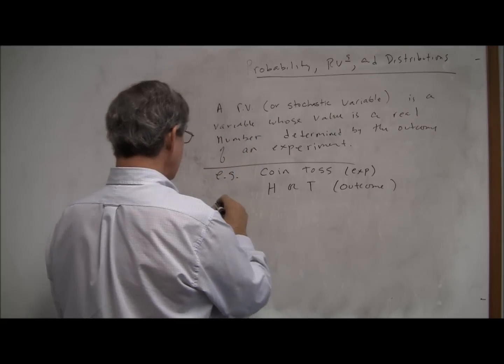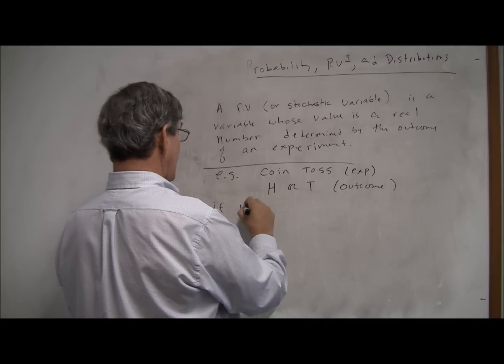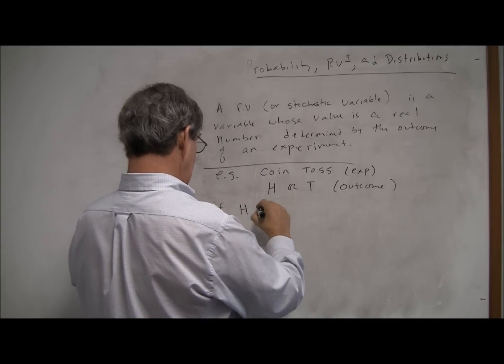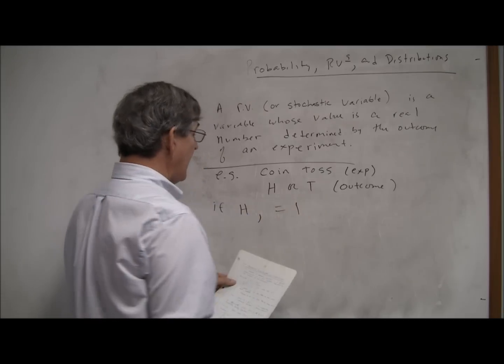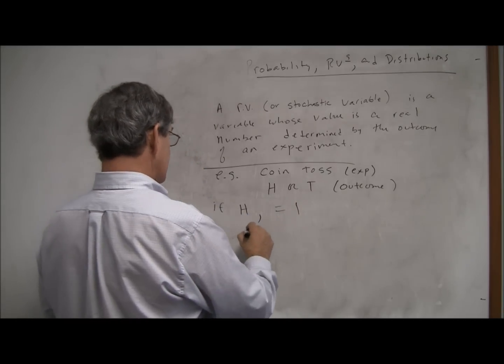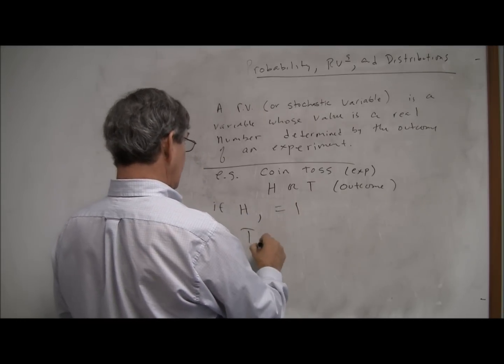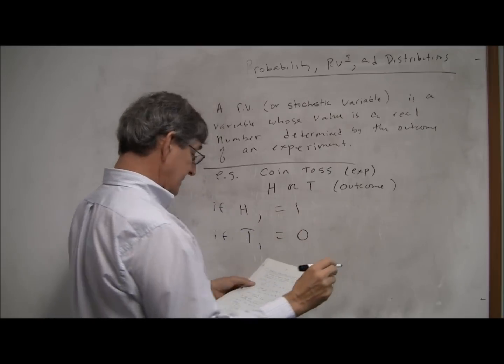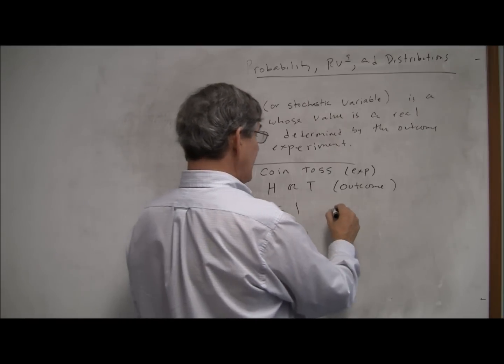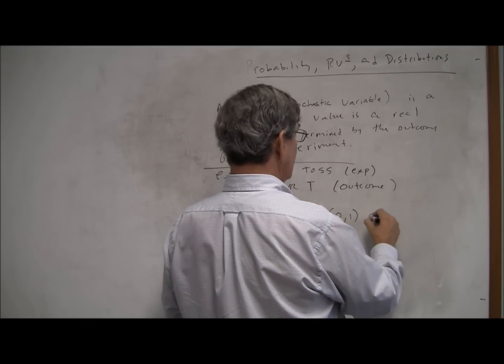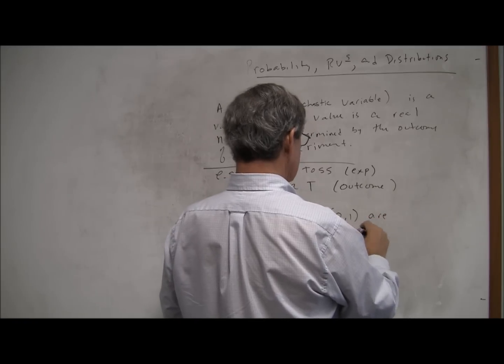What we might say is if it's a head, then we're going to assign it a value equal to 1. If it's a tail, then we'll assign it a value equal to 0. So in this case, 0 and 1 are the random variables.